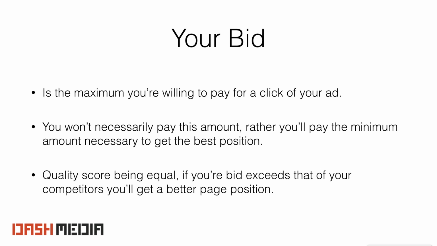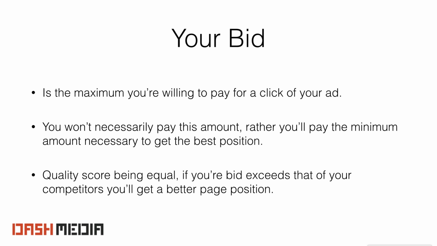So to run you through a small example of this, let's say that you've been through setting up your campaigns, and Google has recommended that you bid 30 cents for a click on your ad for your particular targeted key phrase. And you decide, well, I'm actually willing to pay a little bit more than that. I'm willing to bid 40 cents for a click on my ad.